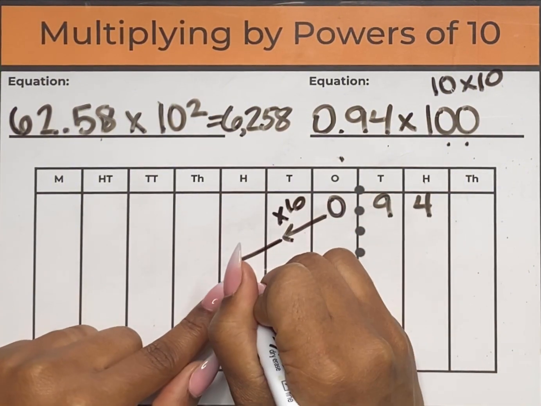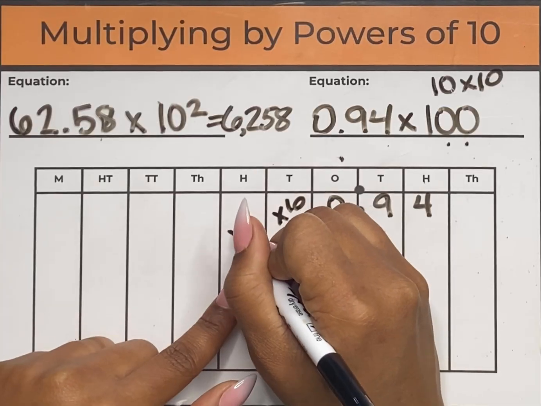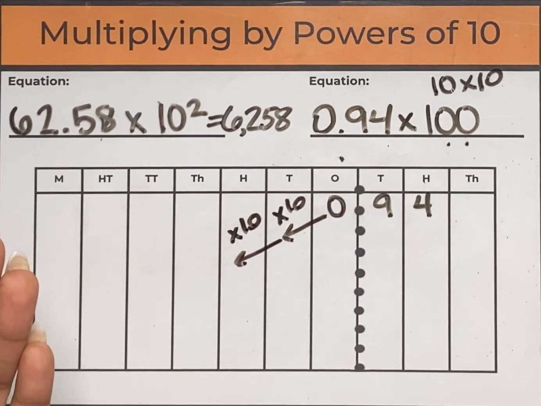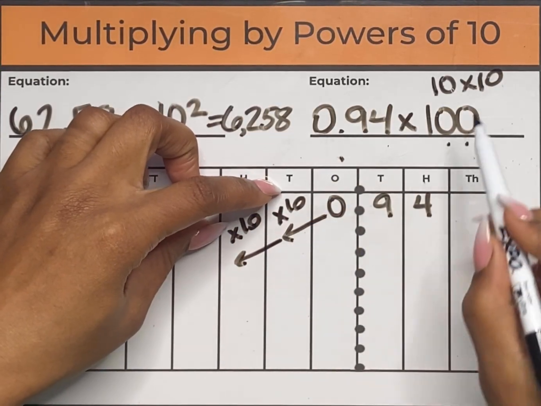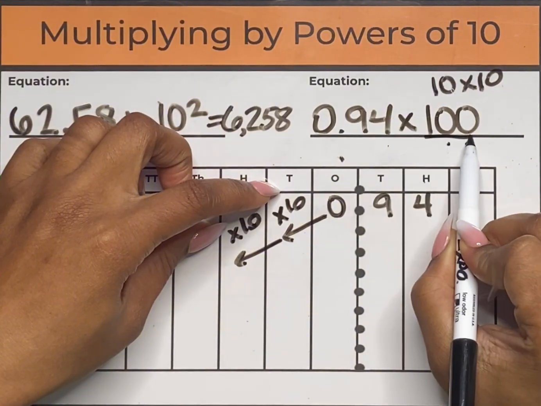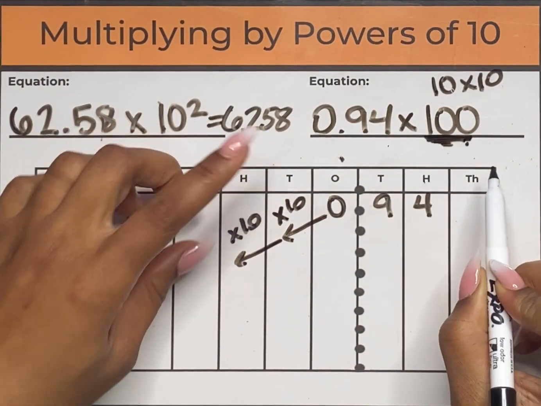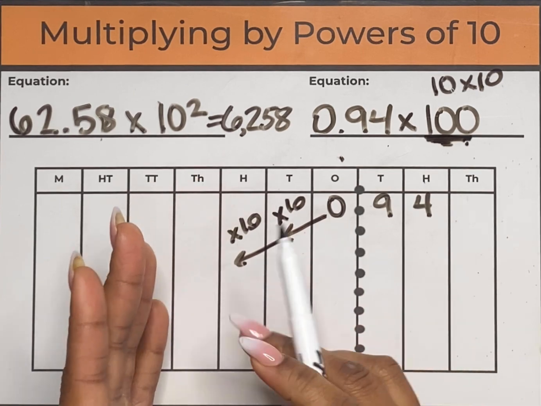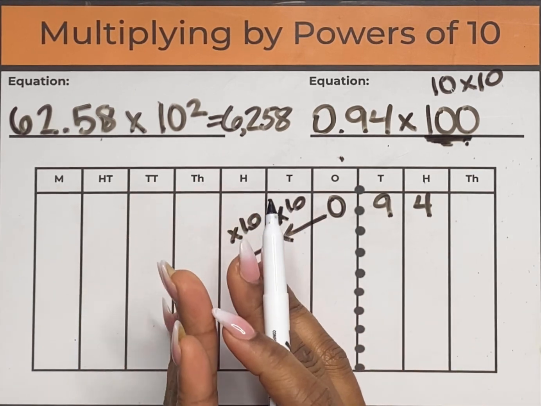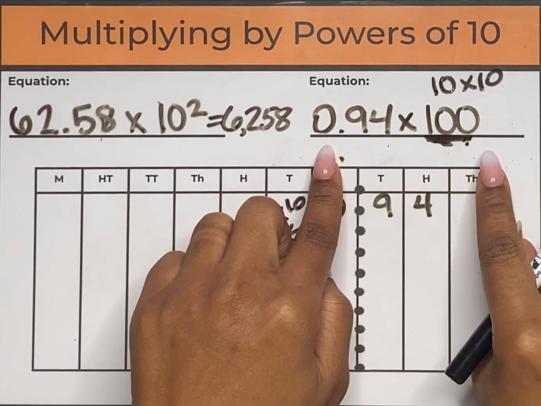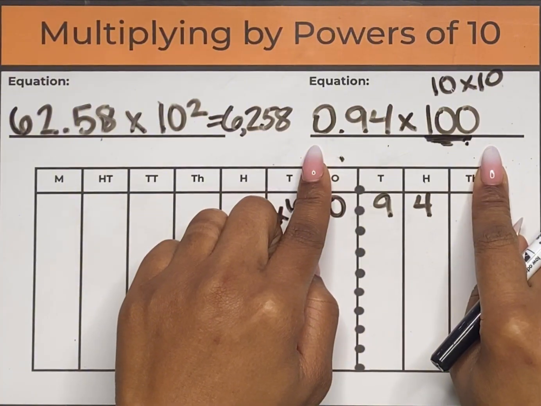Let's make the second shift times 10. And if you notice, 10 times 10 has a value of 100. So the number of shifts you make should have the same value as what's in your original expression.